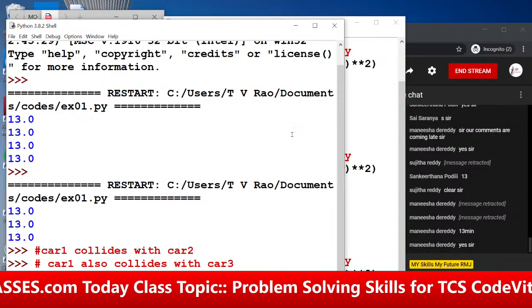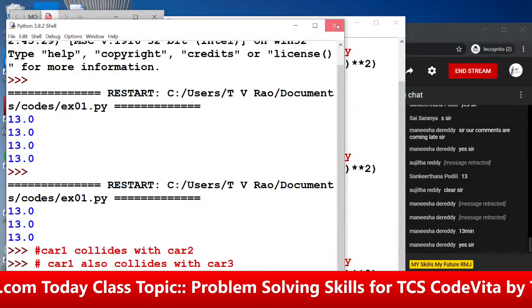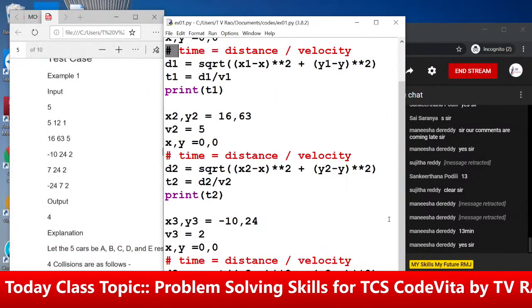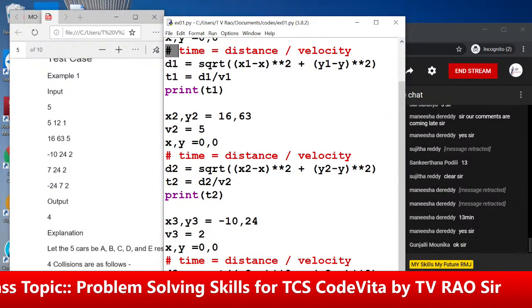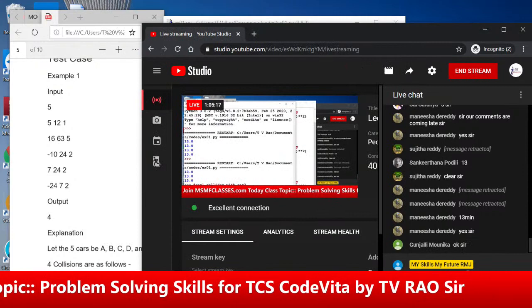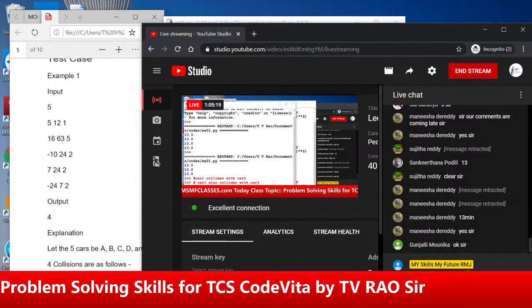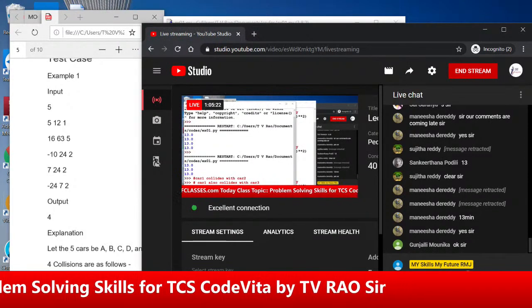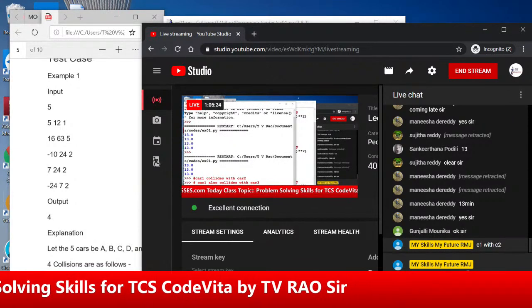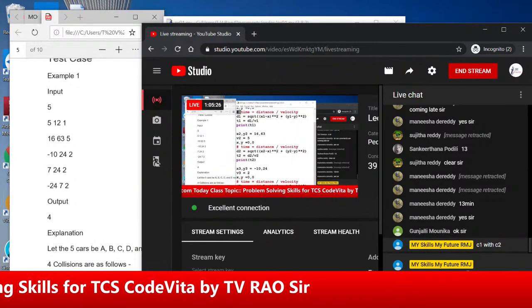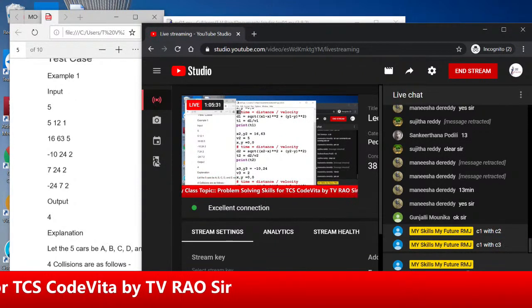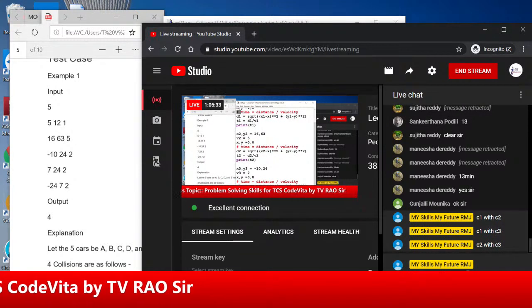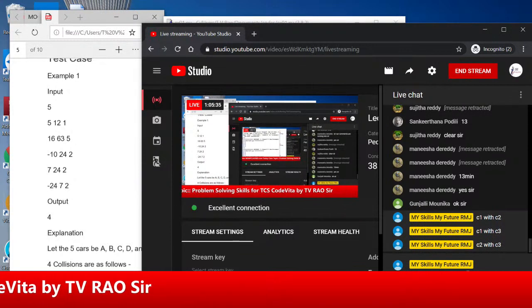So car 1 collides with car 2. Car 1 collides with car 3. Car 2 collides with car 3. Is this clear? Because all the 3 cars reach at the same time.